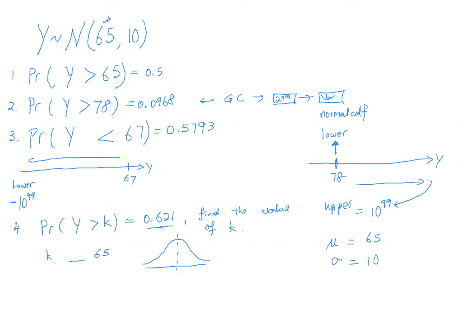here is your 65. Greater than, I must sketch the area to the right. This is 0.621. So that means my K must be here. Am I right?